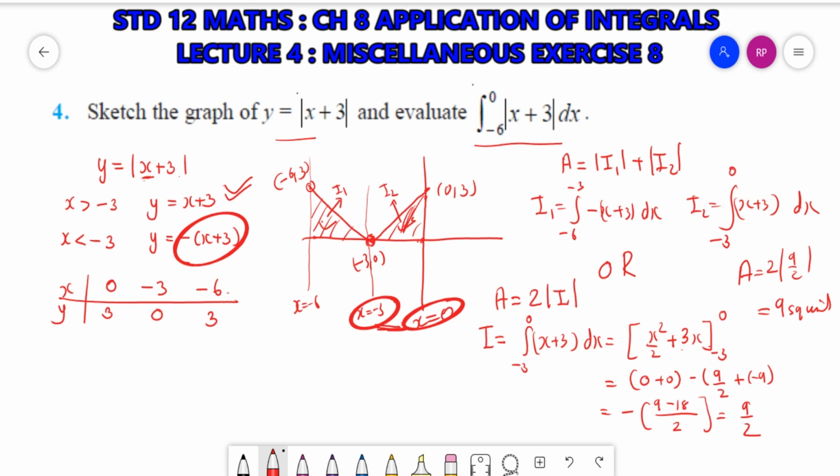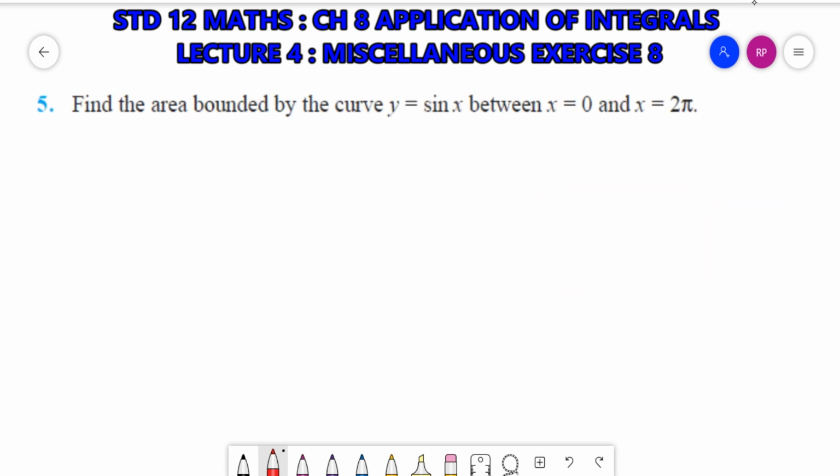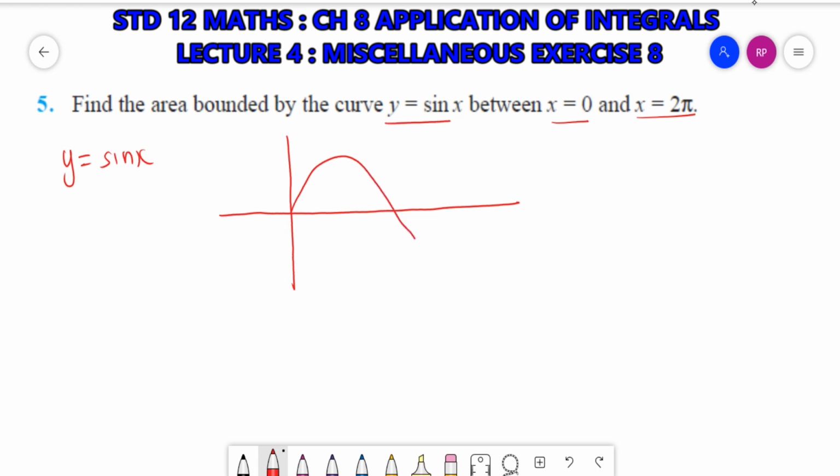That's question number 5. Find the area bounded by the curve y equal to sine x between x equal to 0 and x equal to 2 pi. Now we have already studied in standard 11 that the curve for sine x would be like this. How?